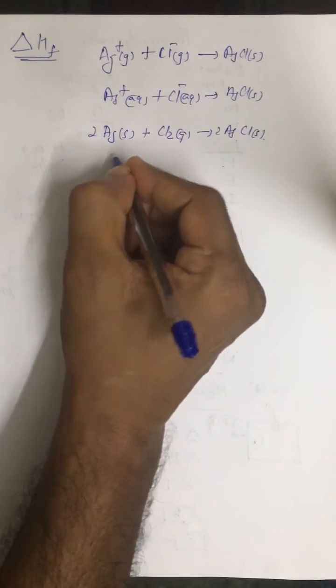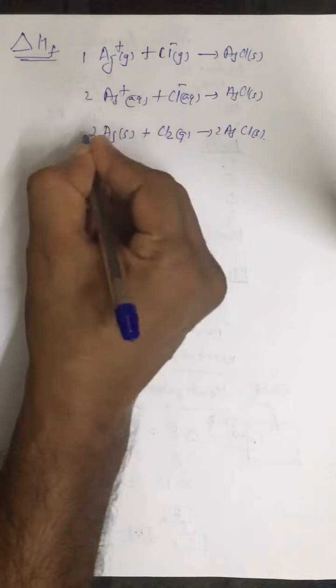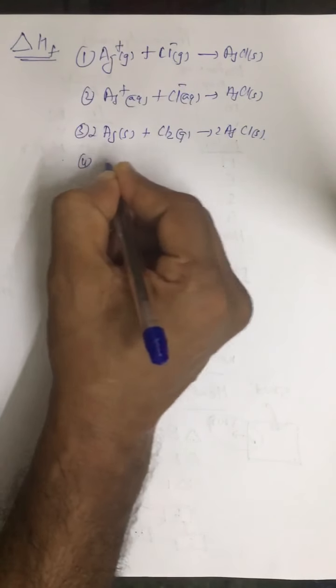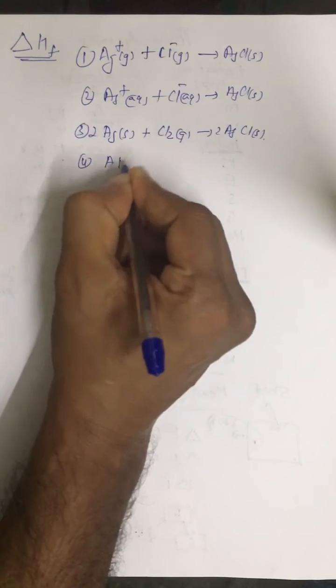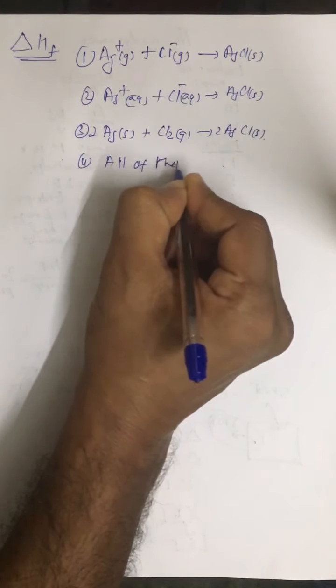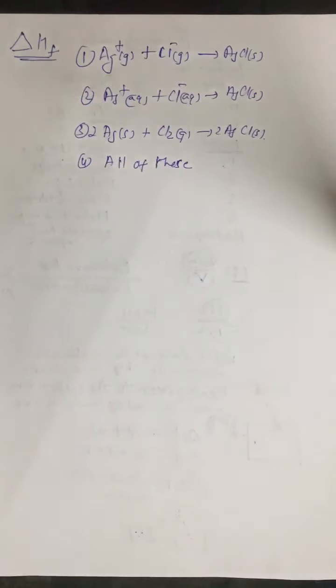This is the first option, second option, third option, and the fourth option is all of these. The question is, which reaction represents heat of formation of AgCl?